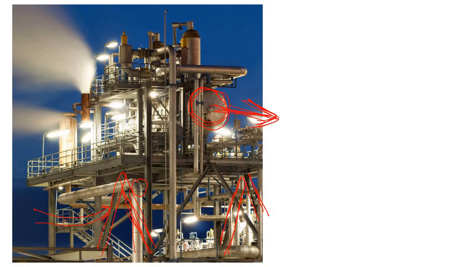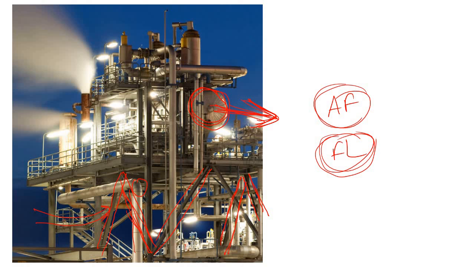Now you can ask why this bracing member has been put. Here you can see there are lots of piping arrangements. Due to this piping arrangement, of course there will be some anchor force as well as frictional load. So to carry this anchor and frictional load, we also need to put some bracing arrangement.